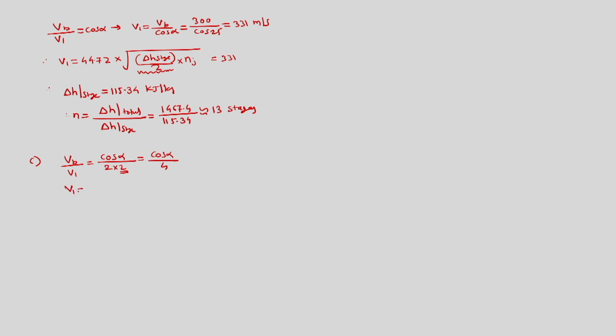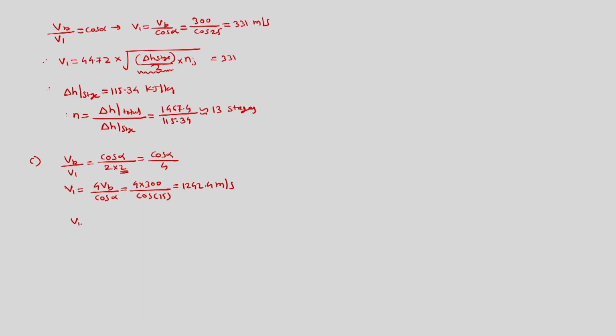So we have V1 equal to 4 Vb divided by cos alpha, which is 4 into 300 divided by cos 15, since 15 degrees is given in the example. So we get V1 as 1242.4 meters per second.